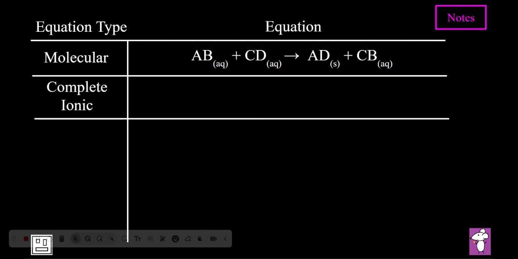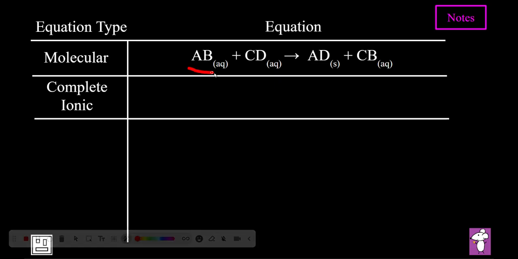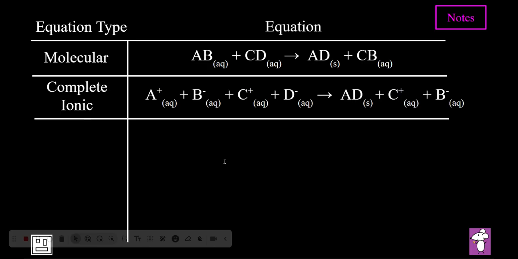How do I write the net ionic? First, the complete ionic. To do that, you'd have to look at the things that are aqueous. If it's labeled as aqueous, then those things separate into their ions.